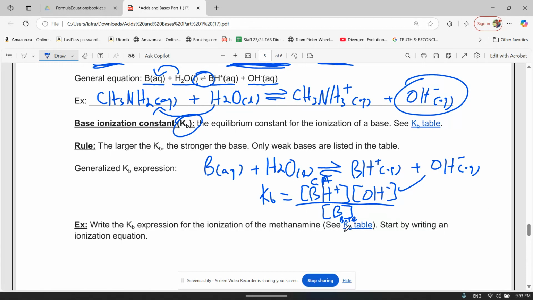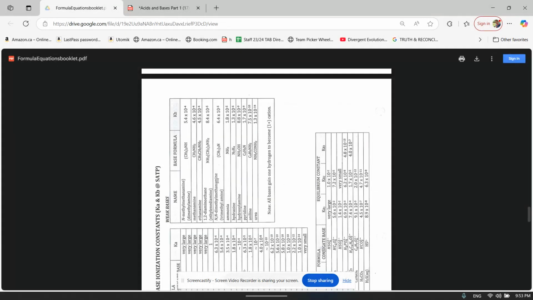You can take a look at the Kb table to see examples of weak bases as well. So if we go back to our table here, you'll see a lot of the weak bases are some amine-like compounds, and you can see the Kbs over here. And you can also see, so if this is the base, we assume that the base will gain a hydrogen, one hydrogen ion, as opposed to several.